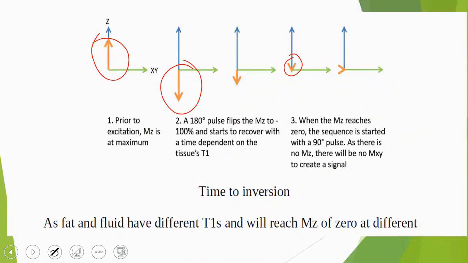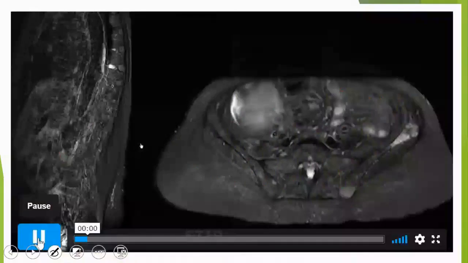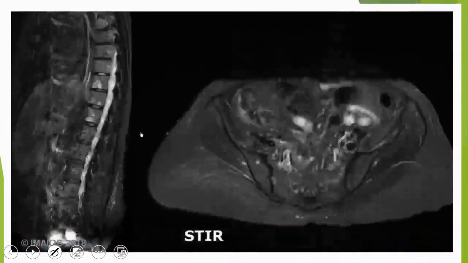At this time, the 90-degree and 180-degree sequences begin because the amplitude is effectively zero, meaning there will be no excitation occurring for it. This is what happens with fat, while the part that still retains some of its properties will still be affected when you apply the angle in the different direction, but it still retains the magnetization.